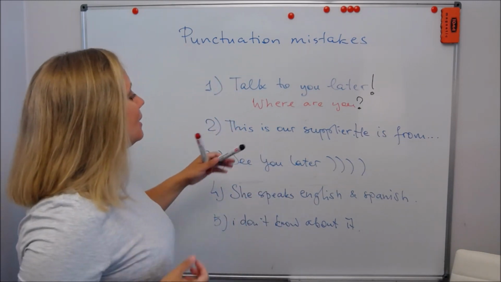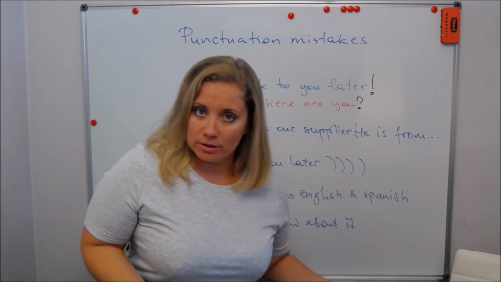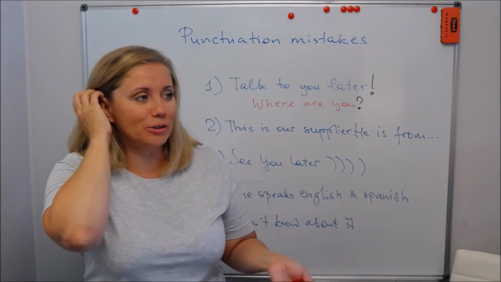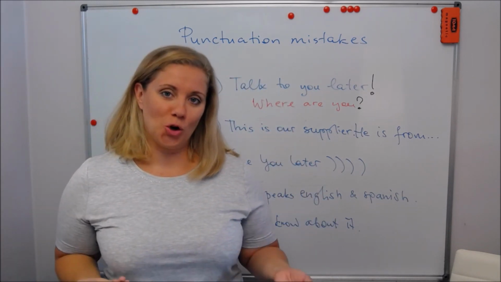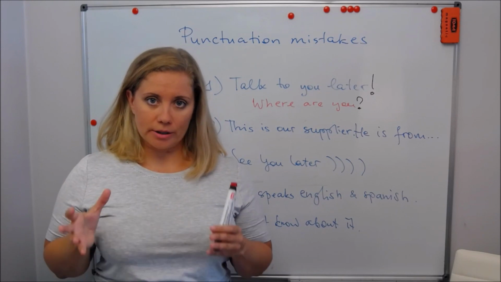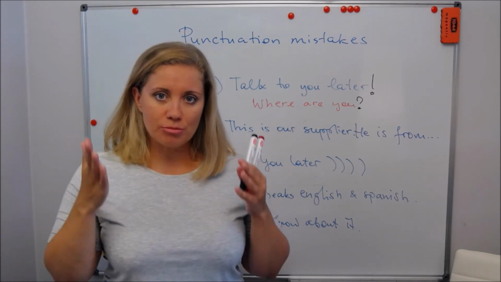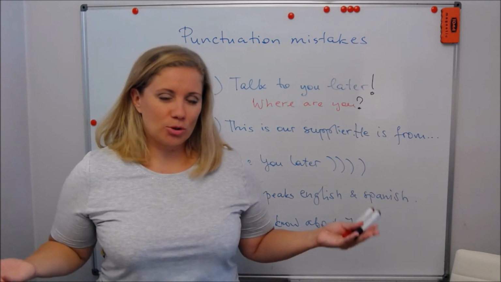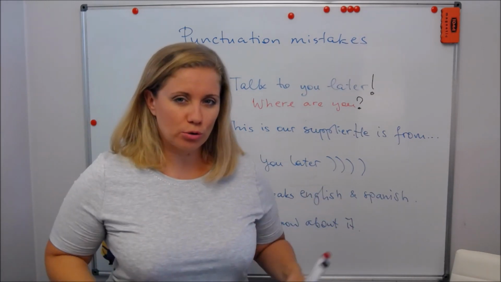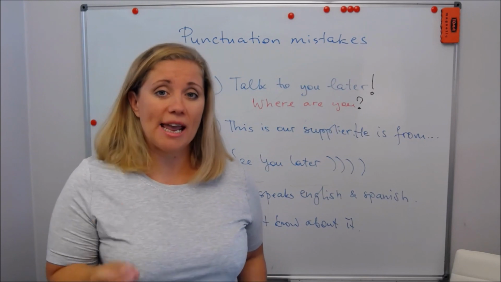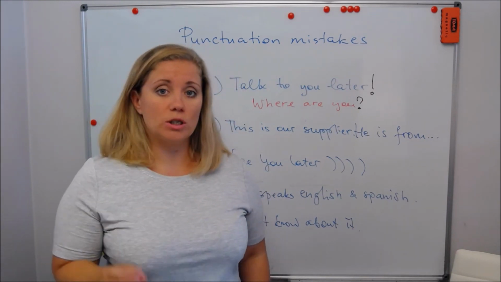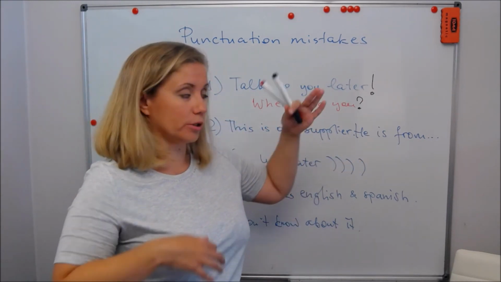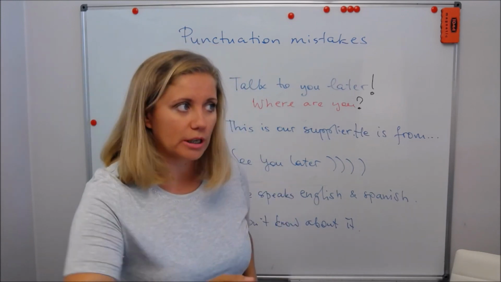The next thing is the absence of space, and honestly, I don't understand your choices, guys. When you start a new sentence, you need a break, you need a pause. This is not some stupid grammarian telling you to make a space there. Space means a pause. If you start a new sentence, this is our supporter, he is from.